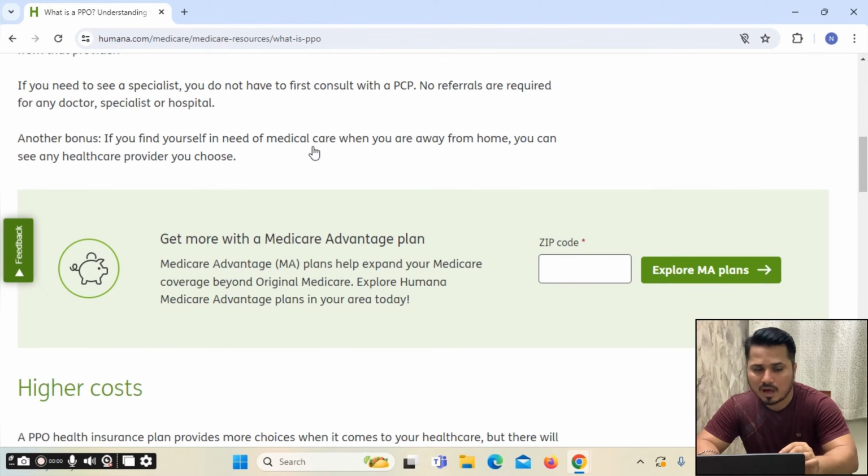No referrals are required for any doctor, specialist, or hospital, guys. Now, another bonus, if you find yourself in need of medical care when you are away from home, you can see any healthcare provider you choose.